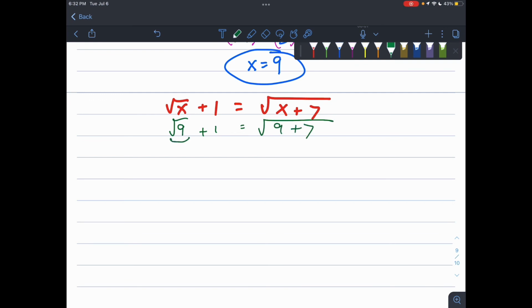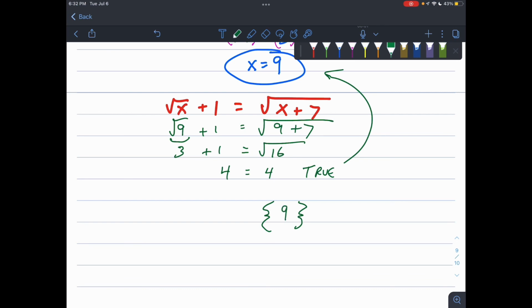Square root of 9 is 3. 9 plus 7 here is 16. So on the left, we've got 3 plus 1. On the right, we've got the square root of 16. That's true. So it means it does work. So when you enter the answer in, you just put those squiggly lines and then 9.